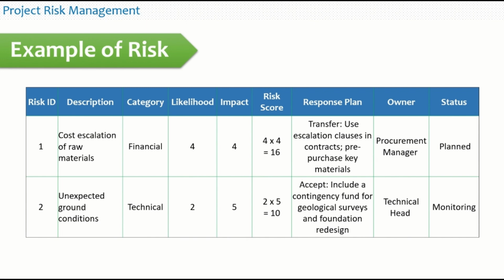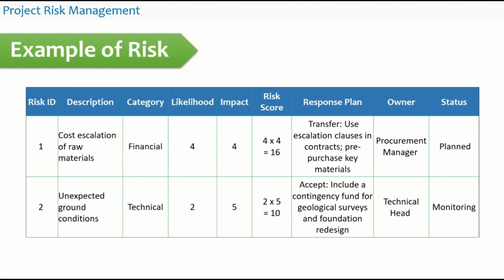So the risk score comes to 4 multiplied by 4, that is 16. We have decided on a response plan of transfer. We will use an escalation clause in the contracts and will pre-purchase some key materials to avoid any upward revision of the prices. The owner will be the procurement manager and the status at present is planned, and it will change with time.